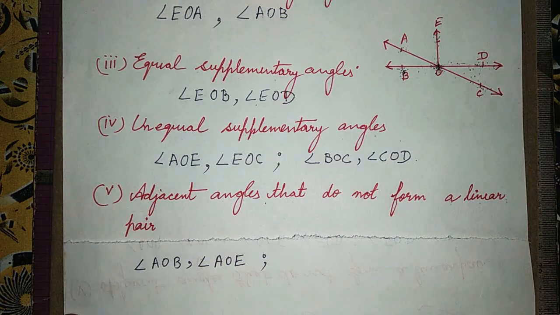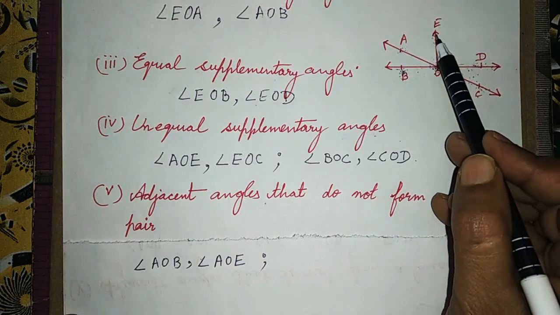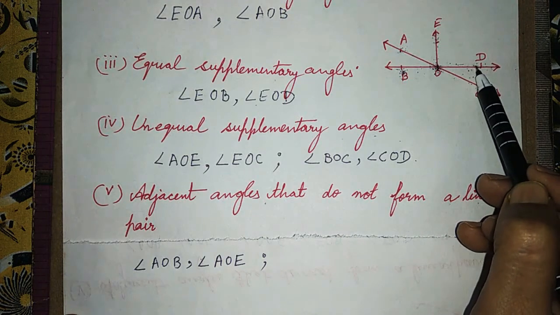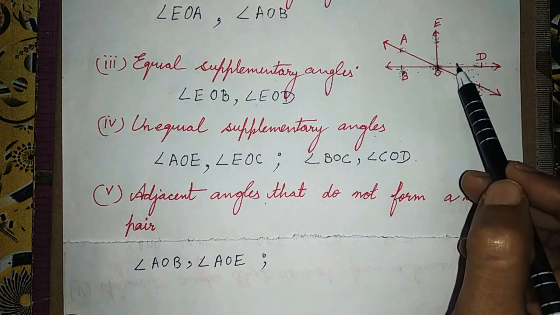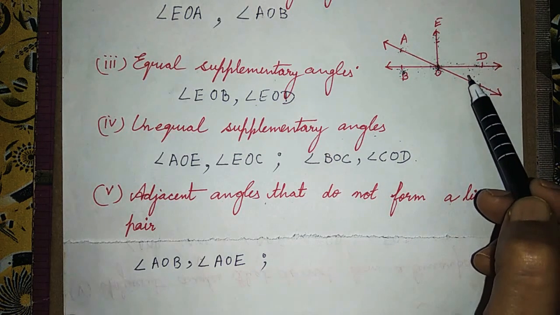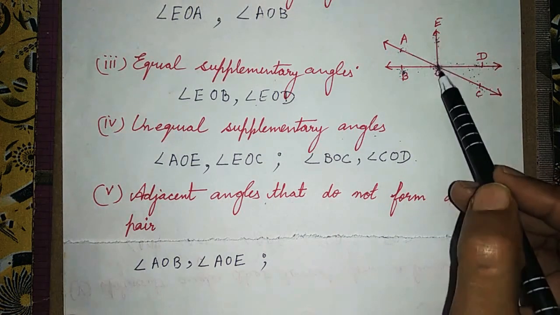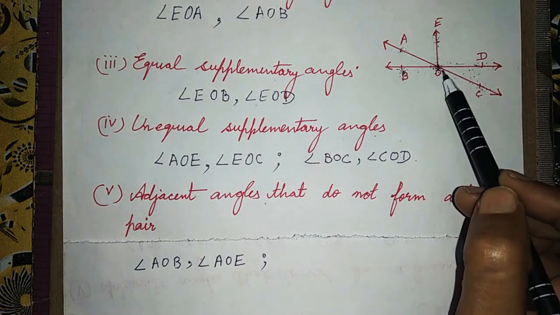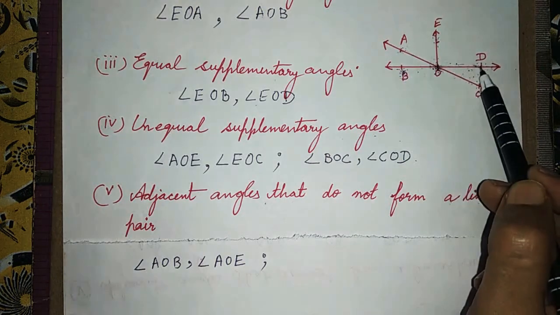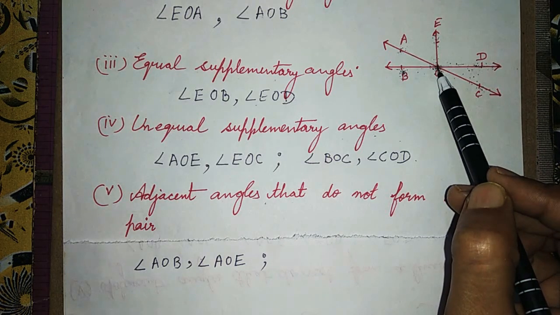Now you can take one more pair. So you see here angle AOE and angle EOD. They both are not on a straight line and their sum is also not equal to 180 degrees, but they are adjacent. How are they adjacent? Because they both have a common vertex O, common arm OE, and two non-common arms OA and OD on both sides of this common arm OE.